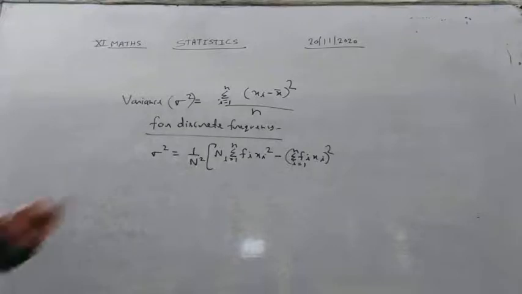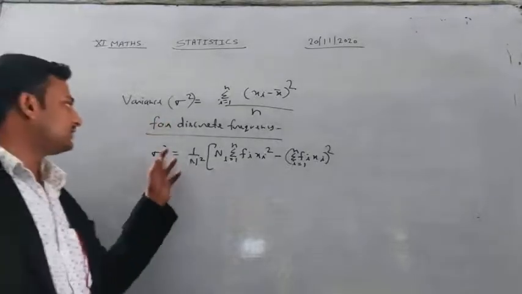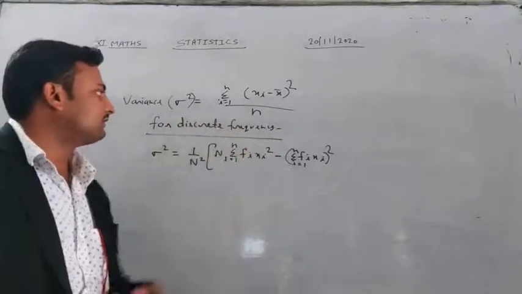This is the formula of finding variance for discrete frequency.